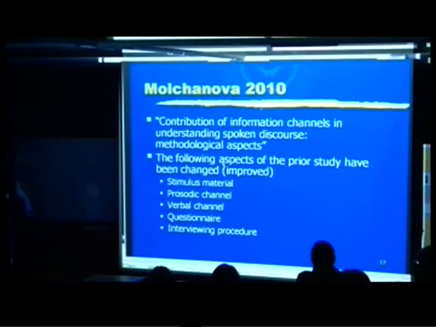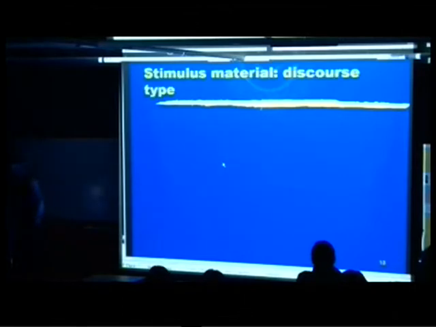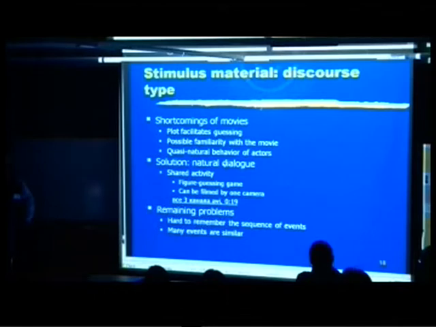5 kinds of problems, and probably I'm going to skip some of my material, but just briefly, instead of the movies, we used the natural dialogue that was prepared specifically for this study, because in some cases with the movie material we saw that people were guessing correct answers too often from the logic of the plot, and also some participants were familiar with the film, so the group was not homogeneous in this respect.